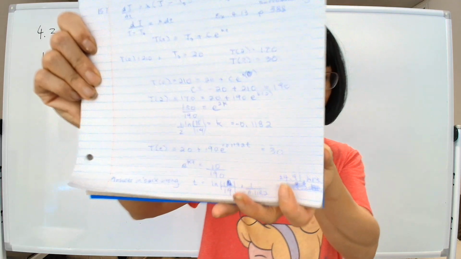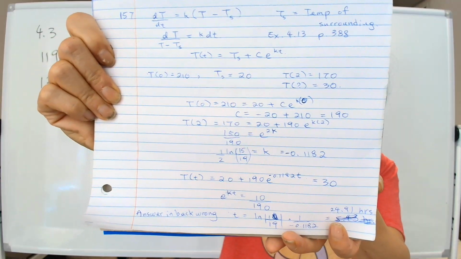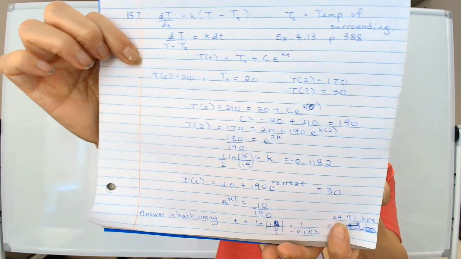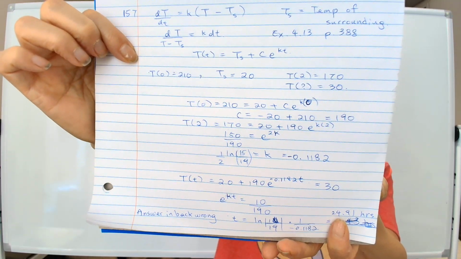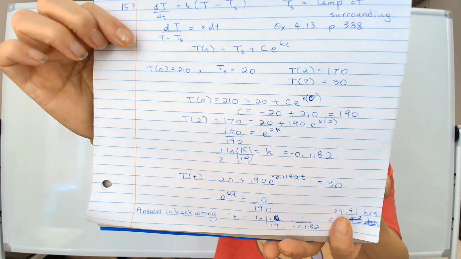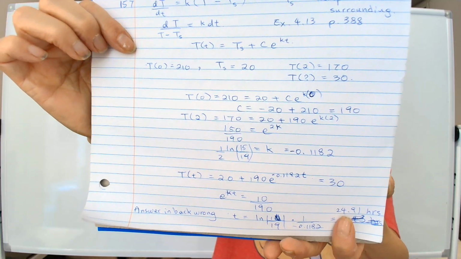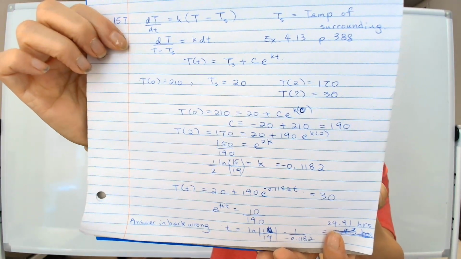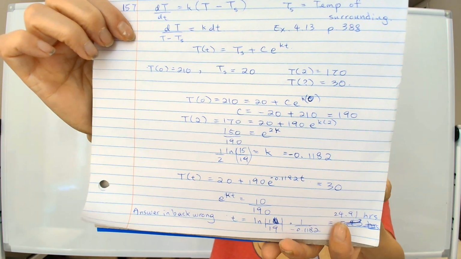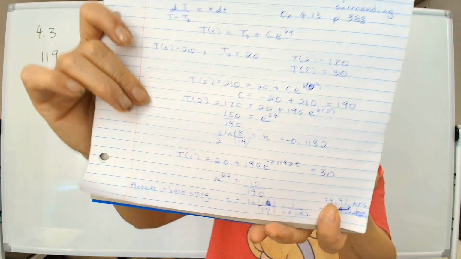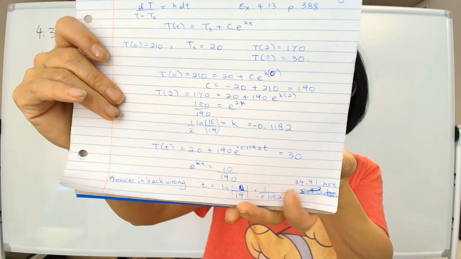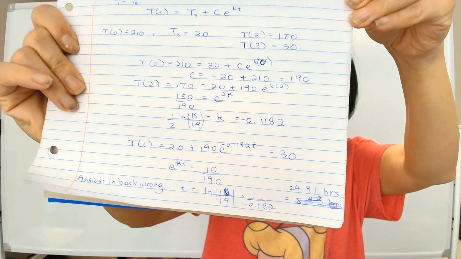So let's look at problem 157, where I just follow the formula in the book. I didn't bother even doing the integration, because it's the exact same integration. So the formula is this. And then after you follow the book example, example 4.13, you do a bunch of algebra, and I hope I didn't make a mistake in here, and that better not be why my answer is different.